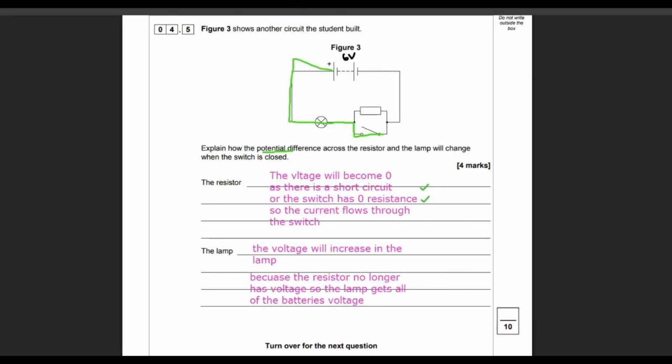That's one way to explain it, and that's the way I'm going with, folks. You could also say that the current in the lamp increases. Why does the current increase? The amps will be the same everywhere, but the more components you add, the higher the resistance, and the amps go down. So another way to explain this is there is lower overall resistance in the circuit, therefore the current in the lamp increases, and therefore the voltage increases. Okay.